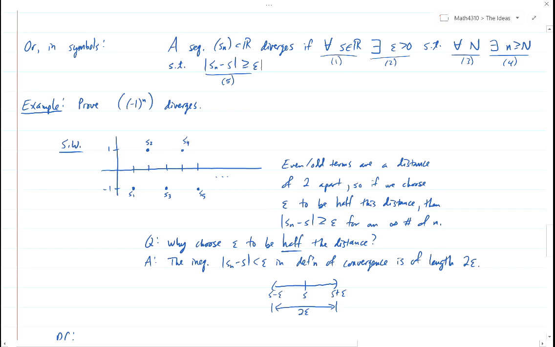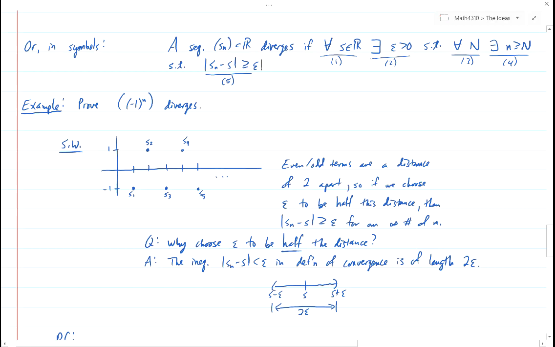If you had a sequence that was bouncing around, but maybe the terms were getting closer together, you might be able to look at just the even or odd terms, and it might be a simpler sequence that converges. If I looked at just the even terms, that would be a subsequence where all the terms are just 1, a constant sequence. Constant sequences trivially converge. But the odd terms have a subsequence that are -1, that converges to -1.